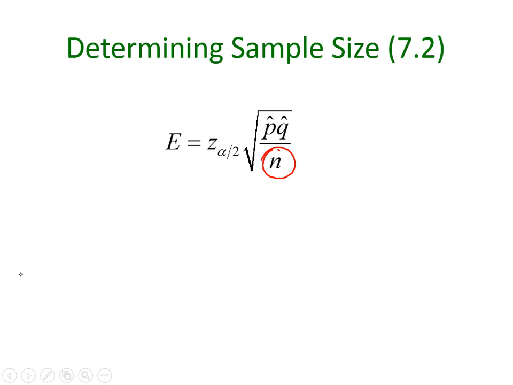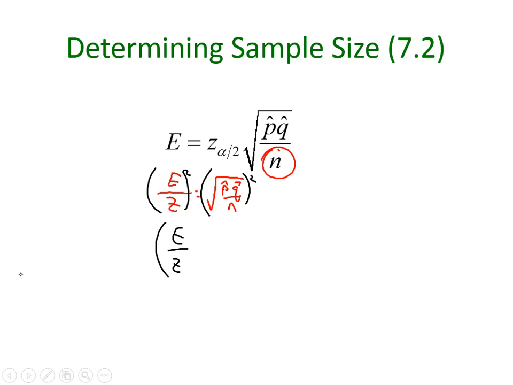Before I square it, get rid of this guy first. So we'll have to divide by z. Now, as you guys said, we would square both sides. And so we'll have e over z squared is p hat q hat over n.